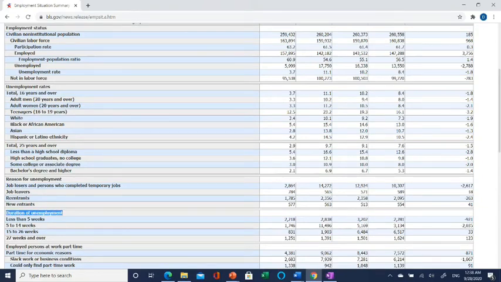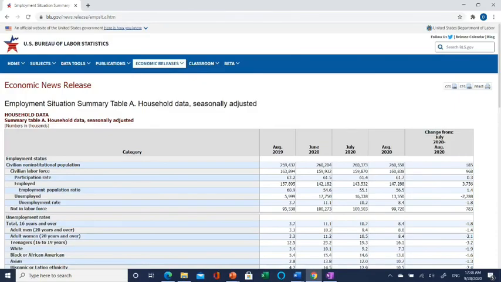Are people unemployed for a short period of time or for a long period of time, for example, 17 weeks and over? And we can compare the most recent numbers with the previous months. We have July and June of the same year here, and we can also compare this unemployment number with the same month last year.